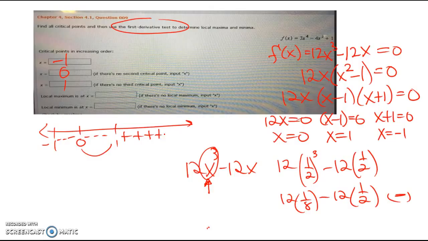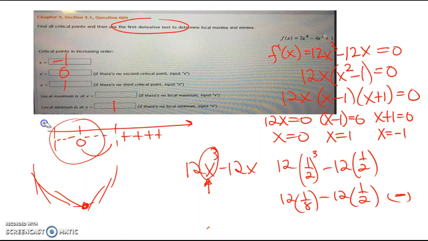So when this goes from a negative slope to a positive slope, that's a minimum, isn't it? So we do have a local minimum at 1, but even though 0 is a critical point, the 0 critical point is not an extrema, okay?